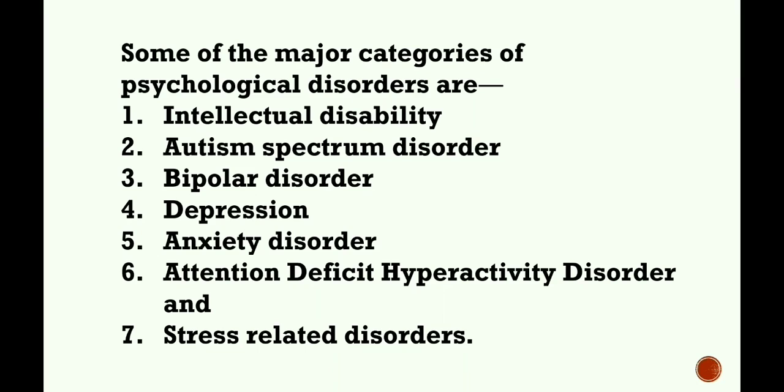Then autism, which is autism spectrum disorder, then bipolar disorder, depression, anxiety disorder, attention deficit hyperactivity disorder, in short ADHD, and stress related disorders. All these are kinds of psychological disorders which occur due to disorders of the nervous system. We have to study some amongst them.